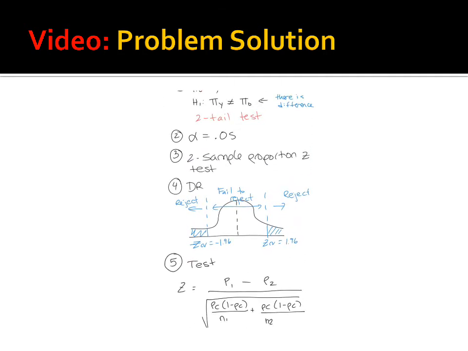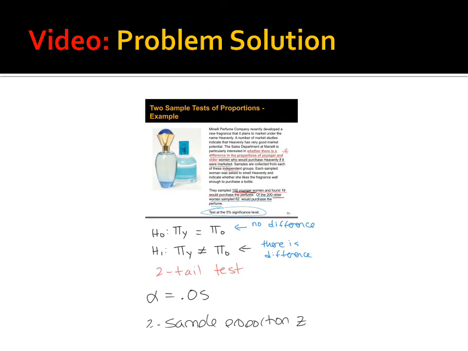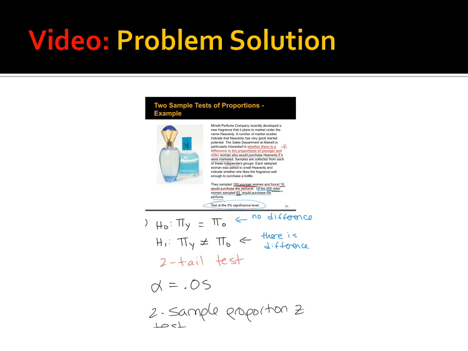For our example, we found that they tested 100 younger women, so that's n1, and 19 were successes, so x1 is 19, x2 is 62, and n2 is 200. Why did we label younger proportion 1 and older proportion 2?